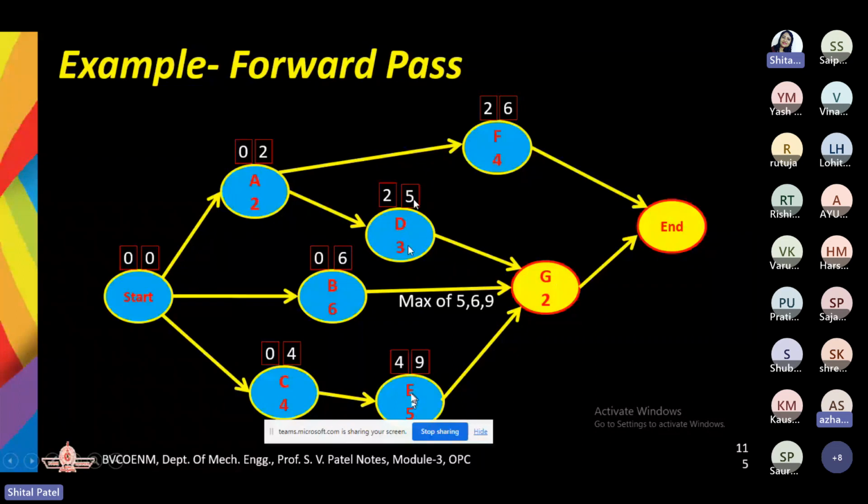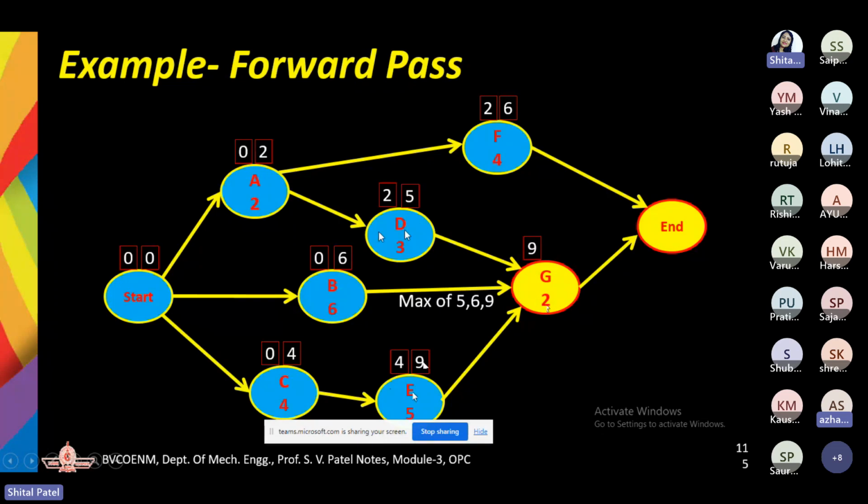So unless and until all these 3 activities are completed, we cannot start with G, right? So we need to take the maximum time of whatever previous activities we are having as the earliest start time of the G, right? So here, just think logically upon it. As I told you, we cannot start G unless and until D, B and E are completed.